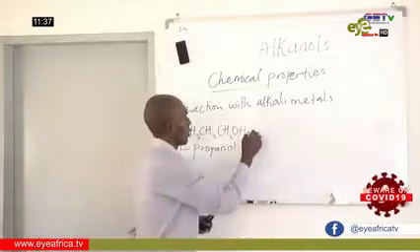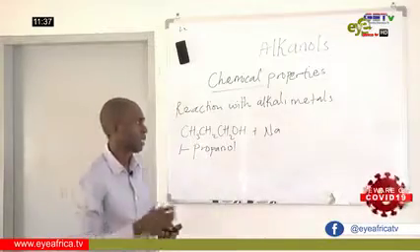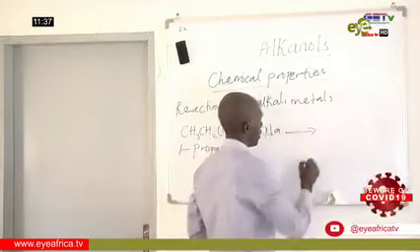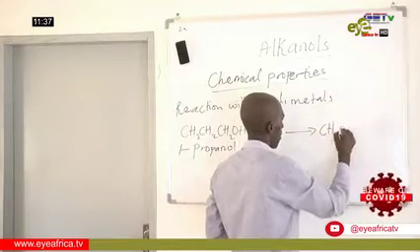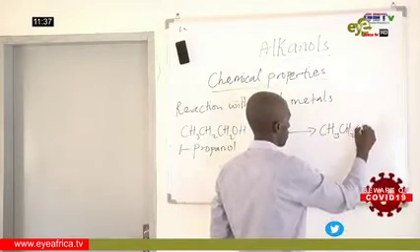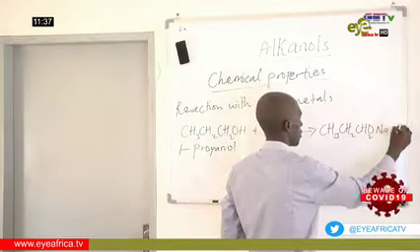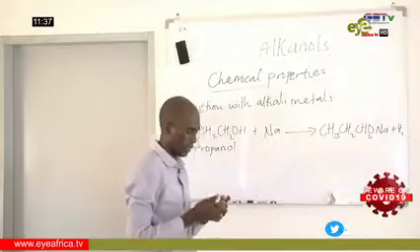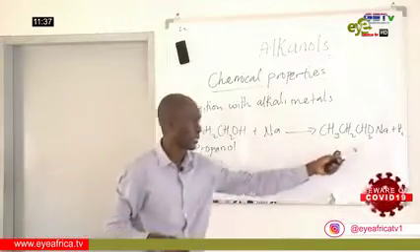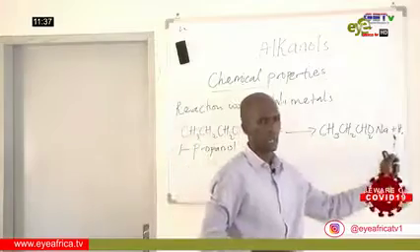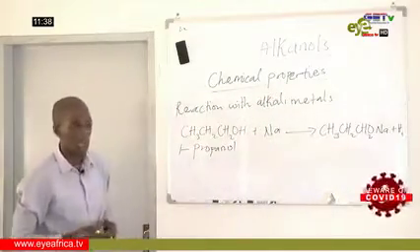When this reacts with sodium, which is an alkali metal, the product will be an ether salt, plus the hydrogen gas will be released. Okay. So this reaction will produce ether salt, and then hydrogen gas will be given off. So they can react with alkali metals.